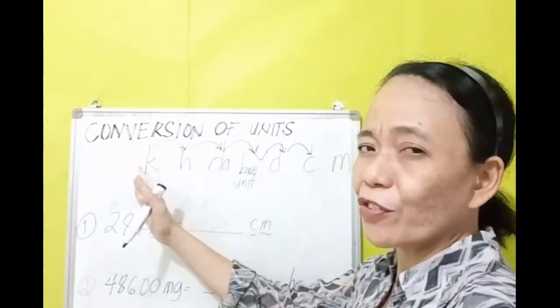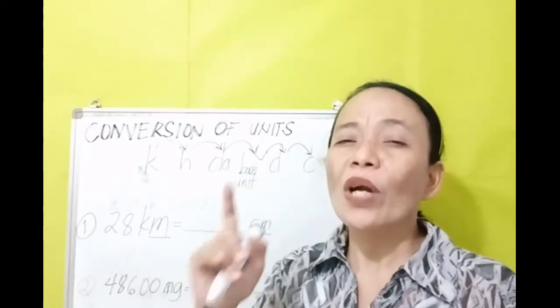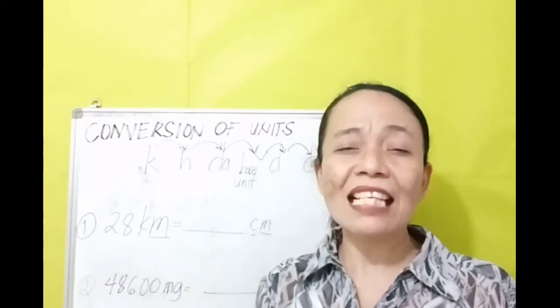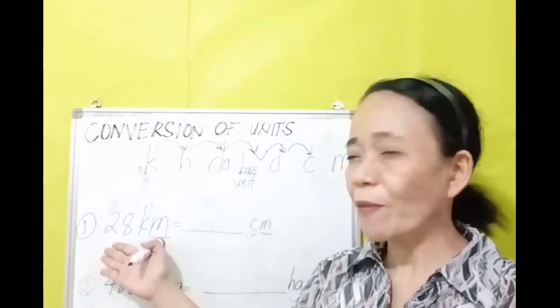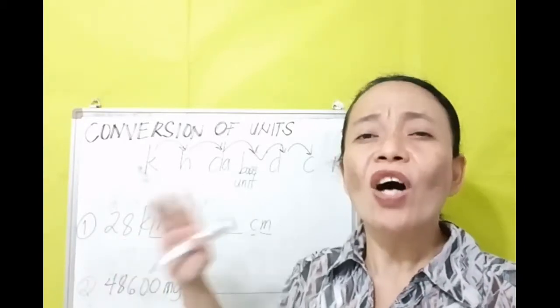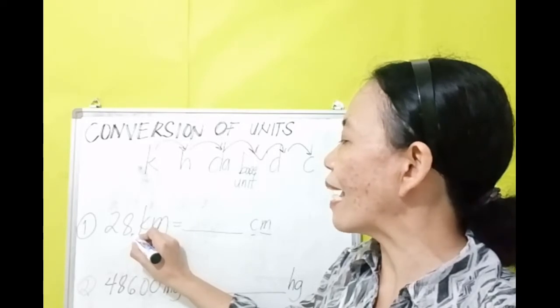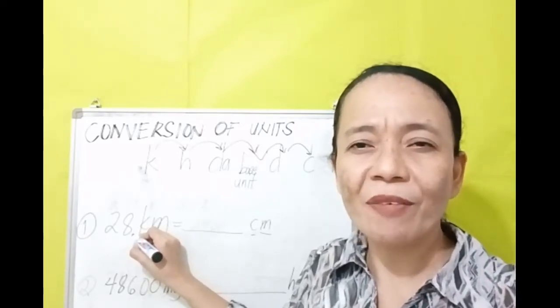from kilo to centi. So therefore, we're going to move the decimal point, the understood decimal point. So where is the understood decimal point for this number, 28 kilometers? Of course, it is located at the end of the last digit of a whole number.